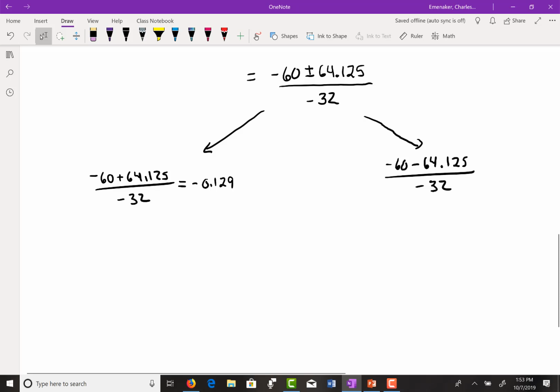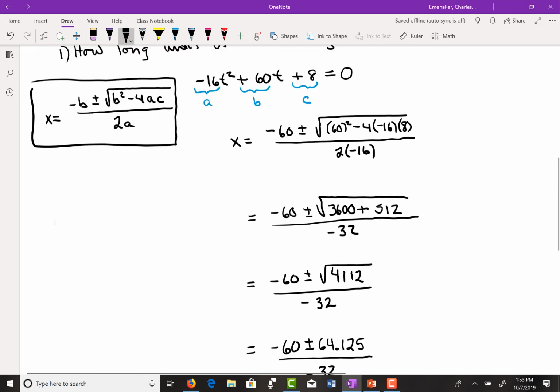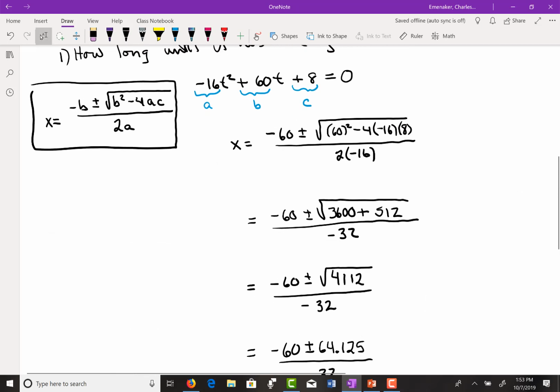Then we have a negative 60 minus 64, so that's going to give us a negative 124.125 divided by 32 equals, and this works out to be a positive 3.879.